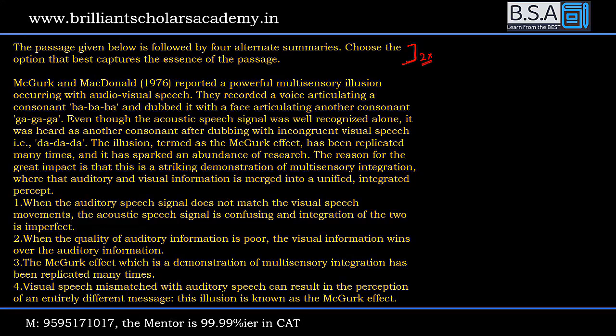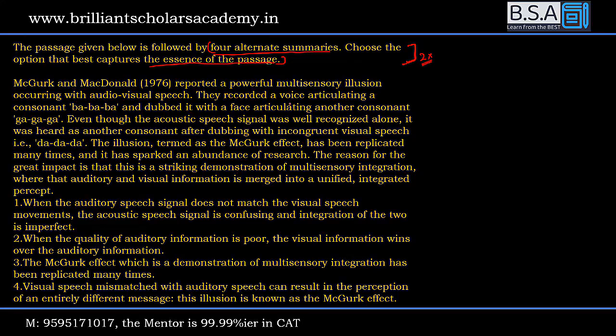The passage given below is followed by 4 alternate summaries. Choose the option that best captures the essence of the passage. McGurk and MacDonald, 1976, reported a powerful multi-sensory illusion occurring with audio-visual speech.